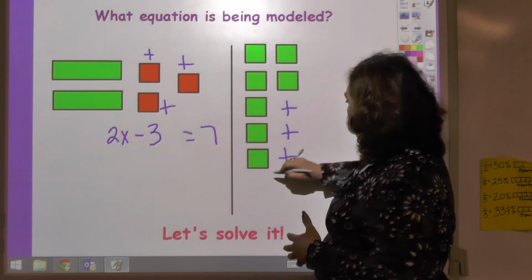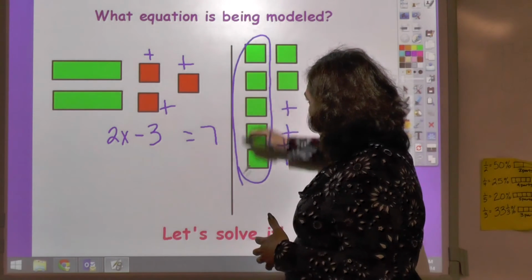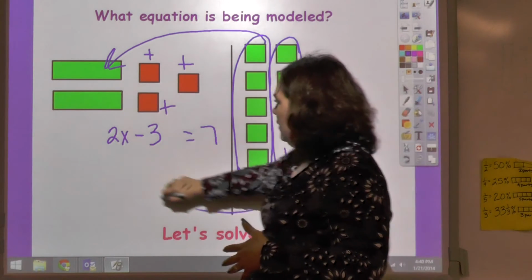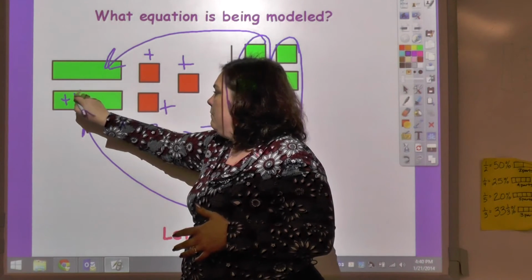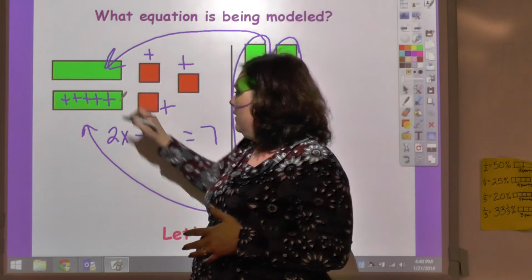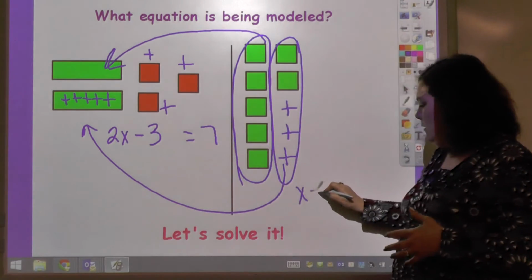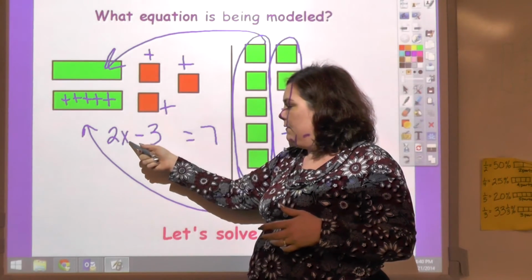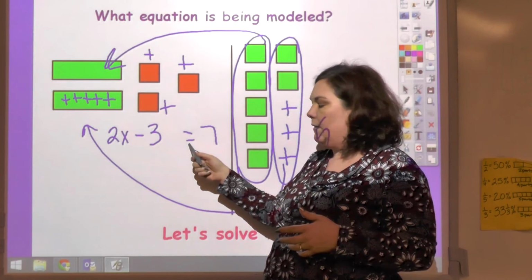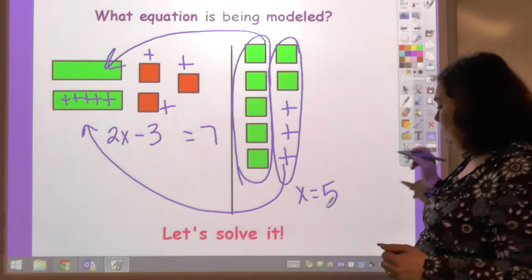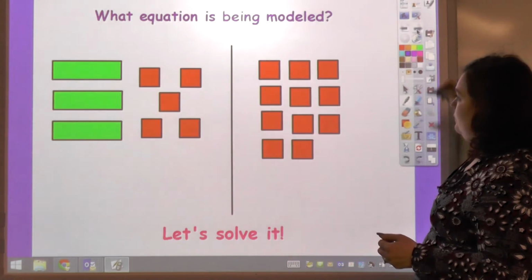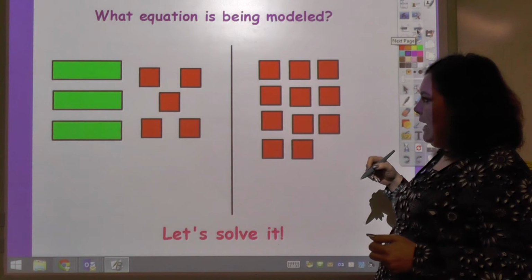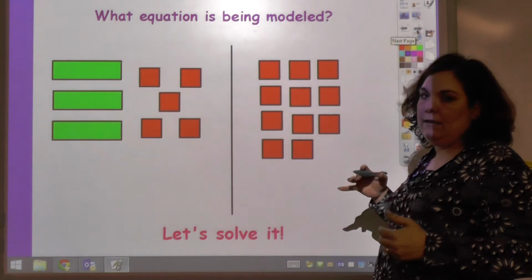And I can do the whole, okay, this group goes to here, and this group goes to here. And that's 5 of them, 2, 3, 4, 5. So x equals 5. And if I put that back in, 2 times 5 is 10, minus 3 is 7. 7 equals 7, so it's checked. So you do this one and then come back and see how you did and if you did it right.